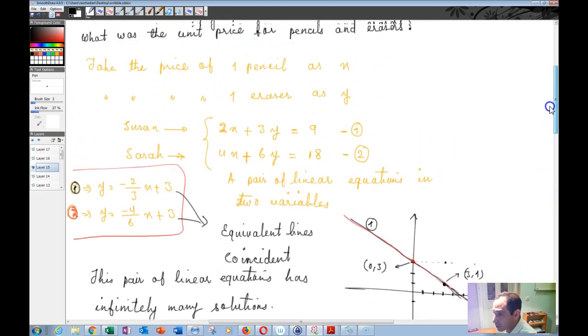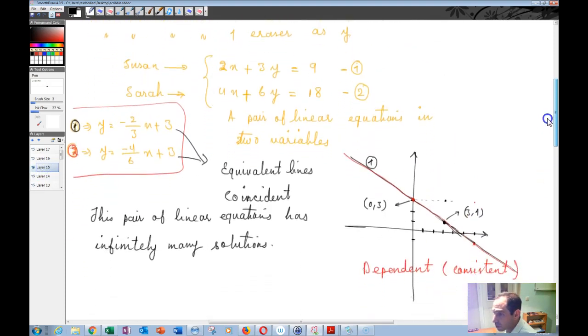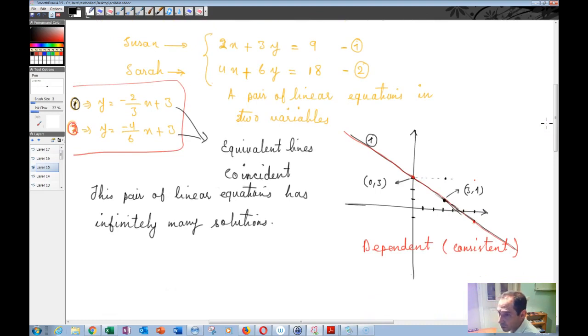Okay. Now in the second situation that we had over here, the equations in standard form or in general form were basically 2x plus 3y minus 9 is equal to 0, and 4x plus 6y minus 18 is equal to 0.